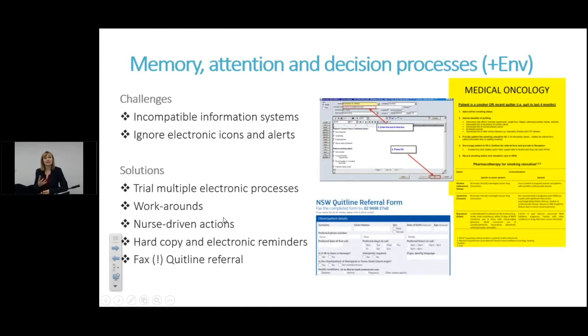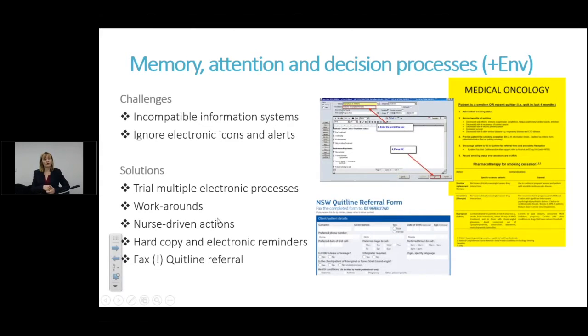So it's not enough just to have it there in the electronic system, and pieces of information weren't passing from one place to another, not just to do with our project, but the system itself didn't work terribly well. So what we had to do there was trial multiple electronic processes and tailor them for the particular part of the system, which is not ideal, not particularly streamlined.